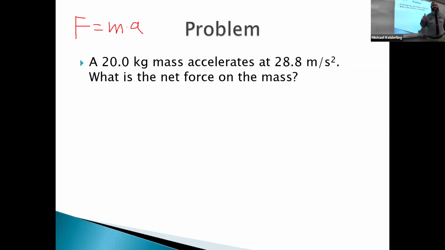Here we have a 20 kilogram mass that accelerates at 28.8 meters per second squared. So what's the total force on this mass?